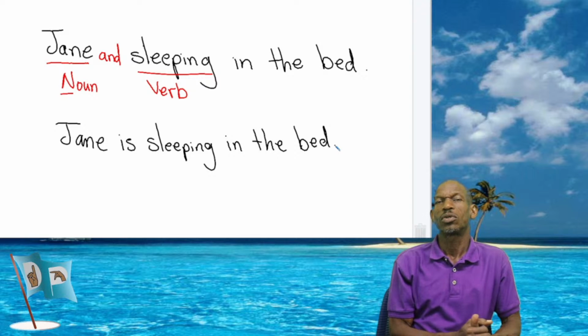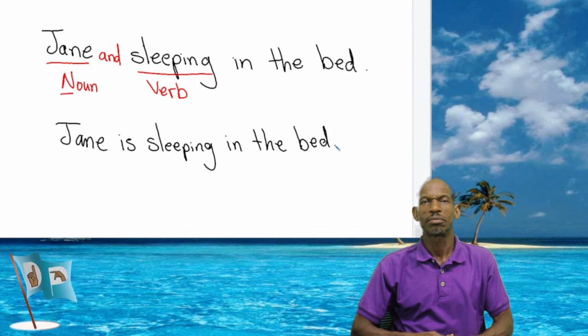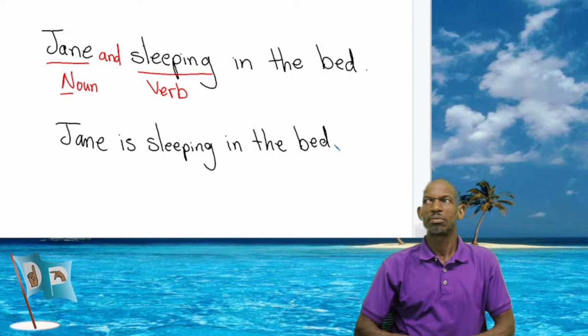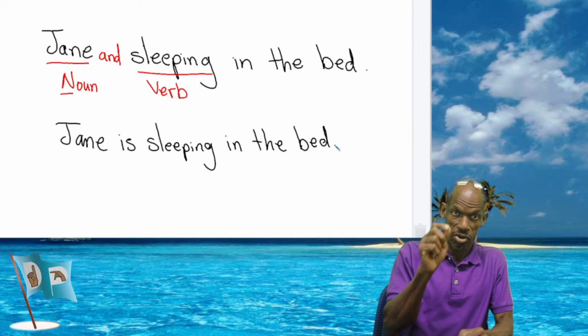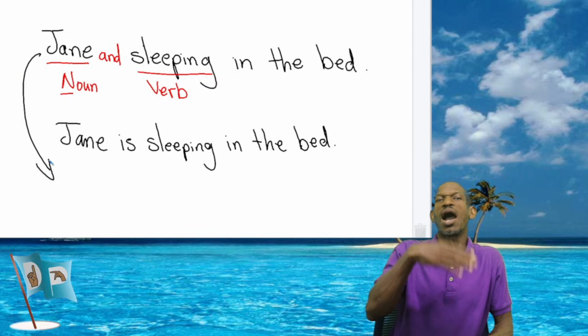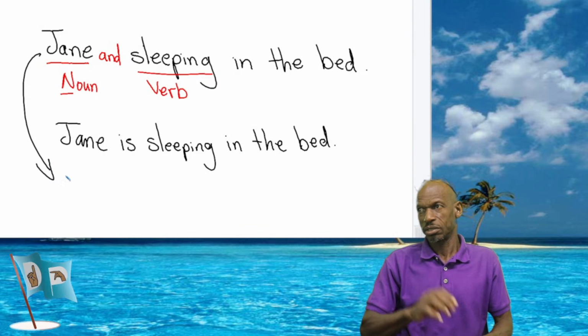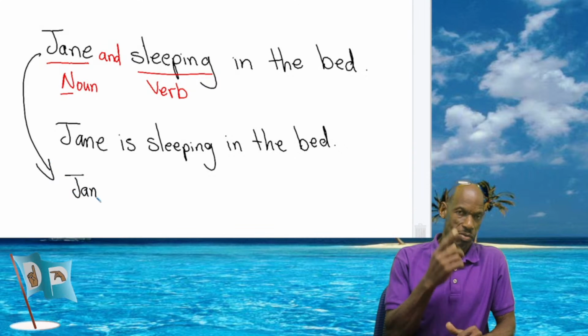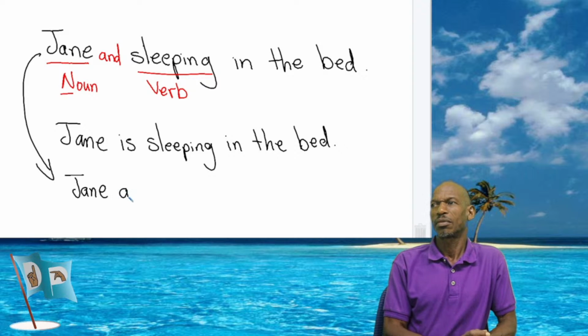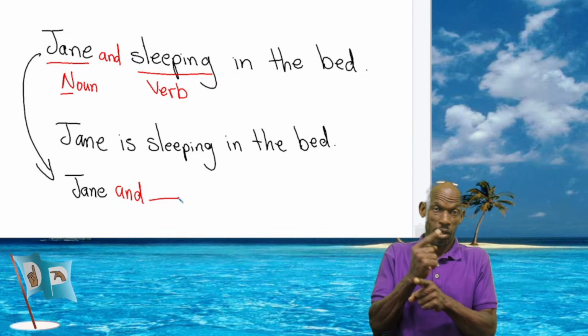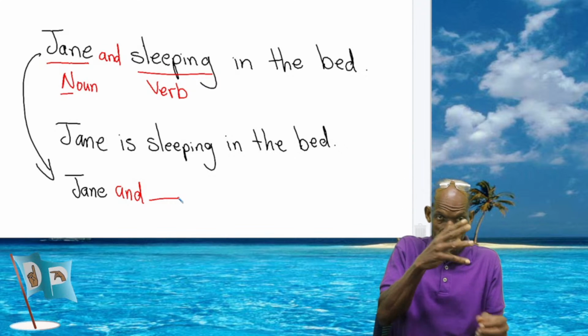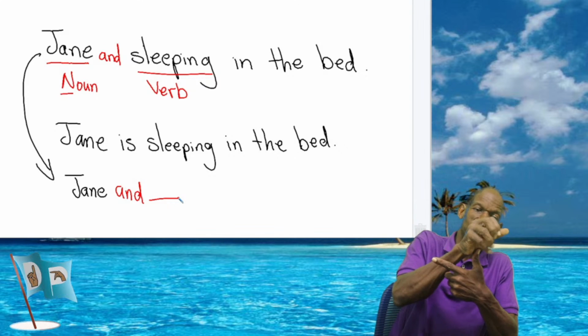Very good. If I want to use and after Jane to make this sentence correct, I have to write Jane and, if I want to write the word and, I'm going to put it over. Jane and I have to write another person. I have to write another person with Jane.